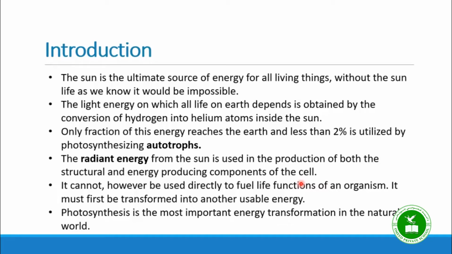The radiant energy that comes from the sun is used in the production of both structural and energy producing components. The structural components are used to make the structures of the cell, and the energy producing components are used to produce energy.